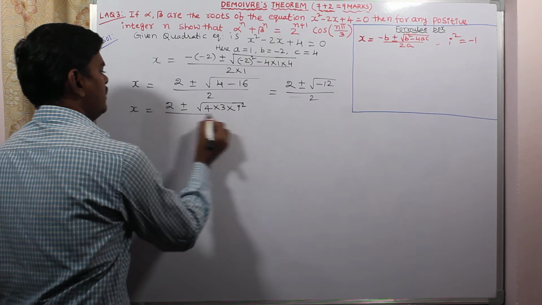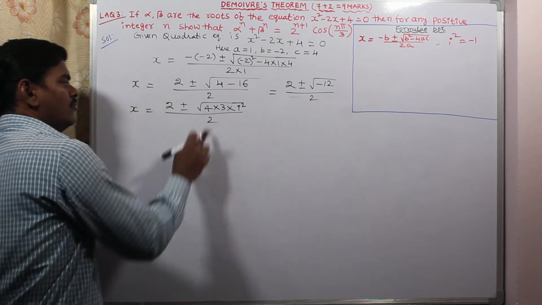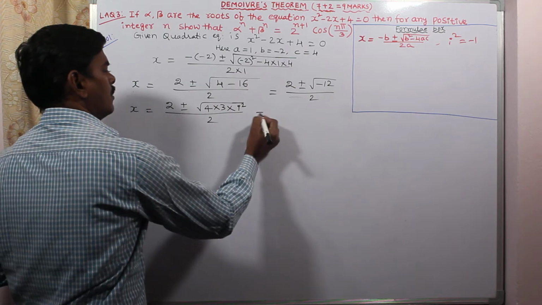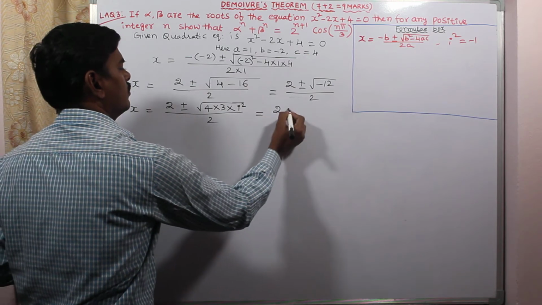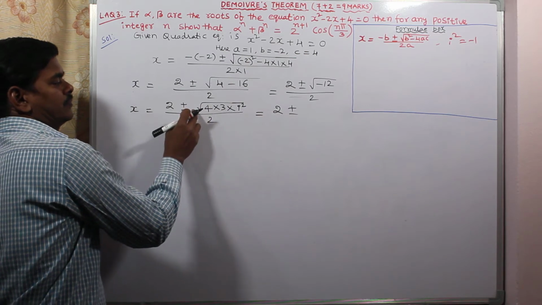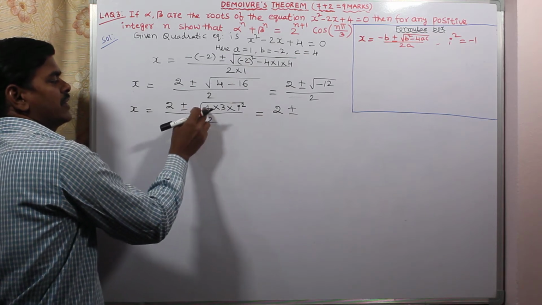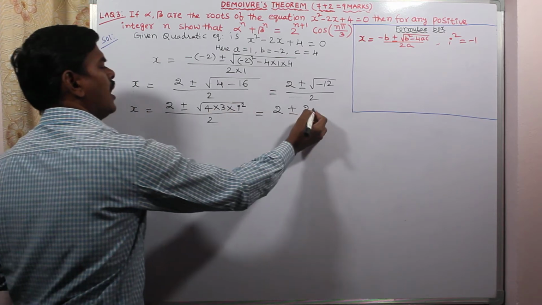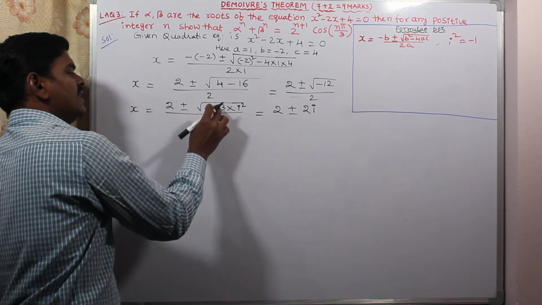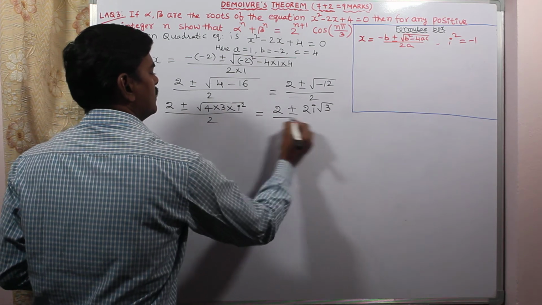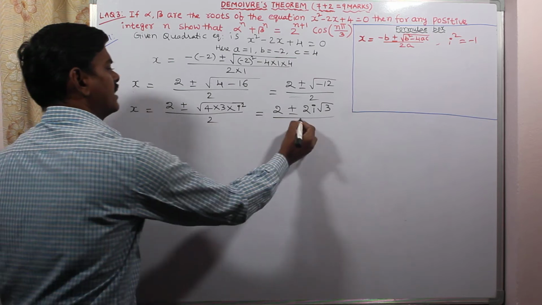Now 4 becomes 2 when it comes outside of the square root, iota square becomes iota, and 3 cannot come outside of the square root, so 3 remains under the square root, whole divided by 2.